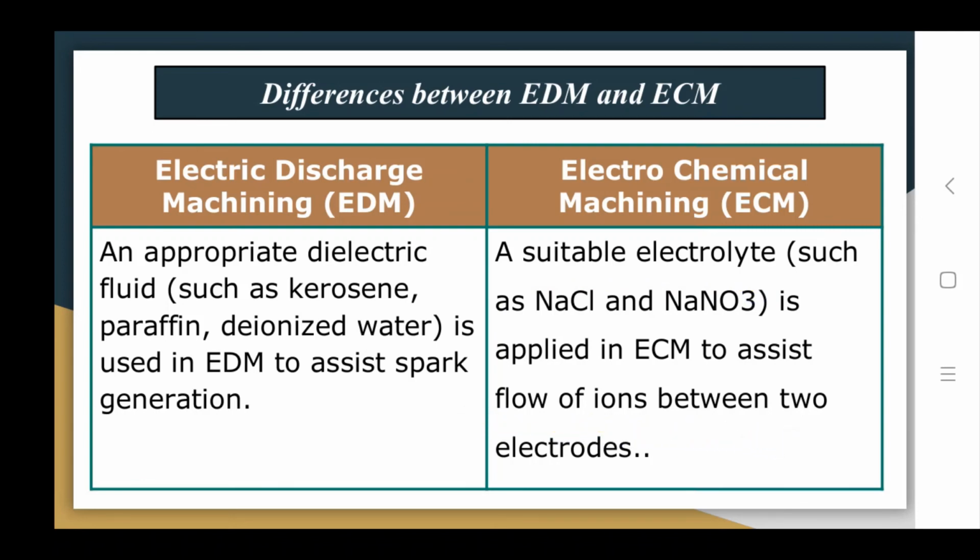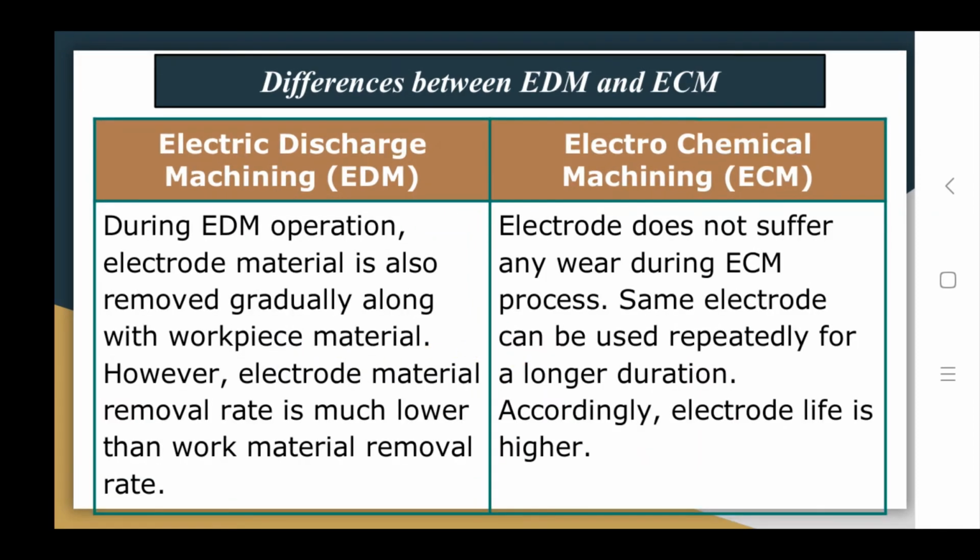During the EDM operation, electrode material is also removed gradually along with the workpiece material. However, the electrode material removal rate is much lower than the work material removal rate. This point should be noted. In ECM, the electrode does not suffer wear.